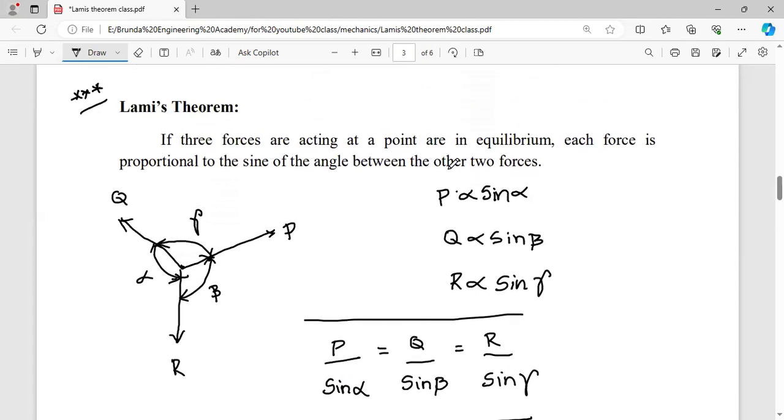If three forces acting at a point are in equilibrium, each force is proportional to the sine of the angle between the other two forces.